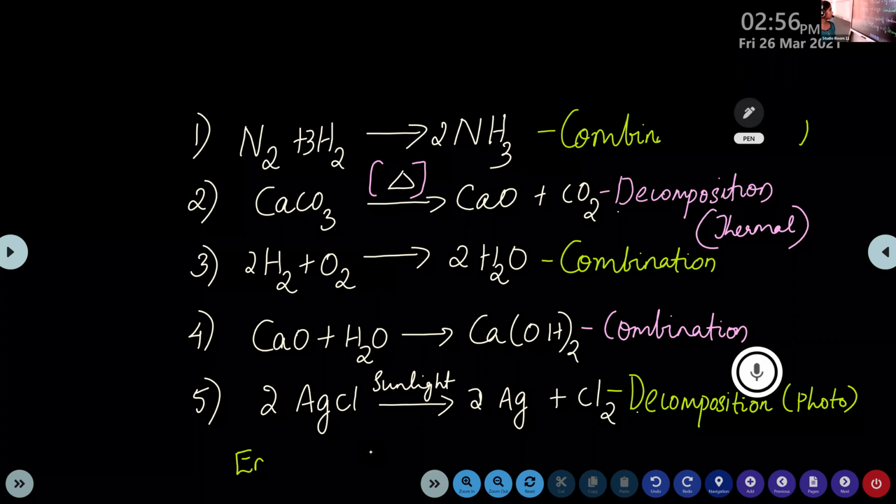Then one more example. Second one. Yeah, second one. Here also heat energy is absorbed. So this is also an example for endothermic. Okay, clear? Fourth one is an example for exothermic, because energy is released in the fourth one. So you can write, it's an example for exothermic, fourth one.